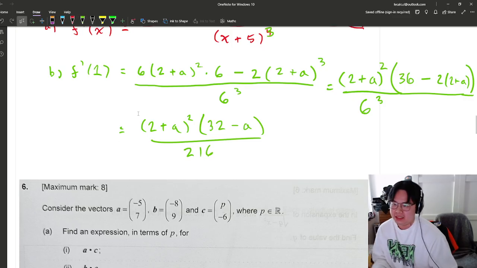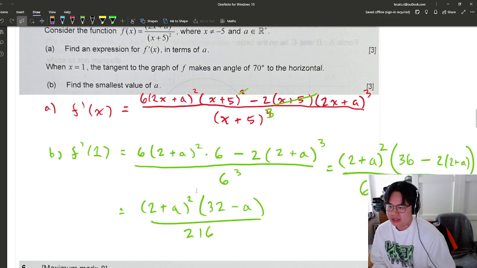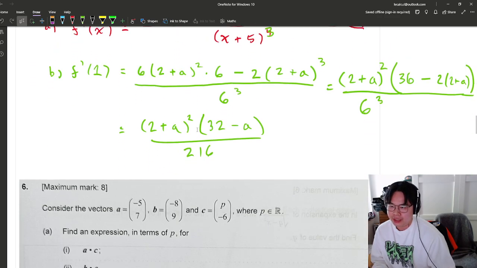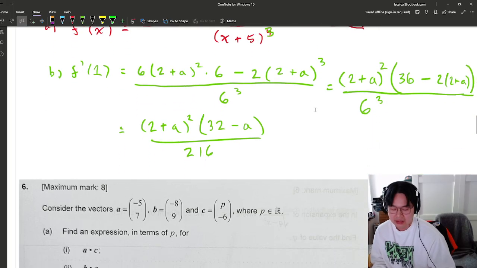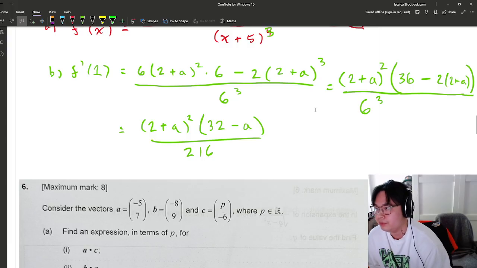Okay, so this is your gradient or your slope. If you had a line with this slope, it's going to make an angle of 70 degrees to the horizontal. So let's say you got your function, right?